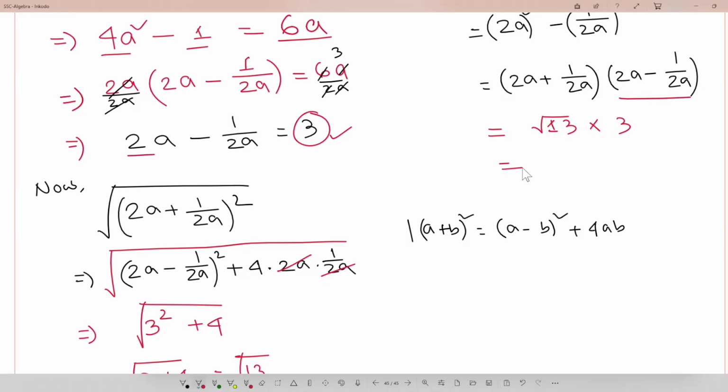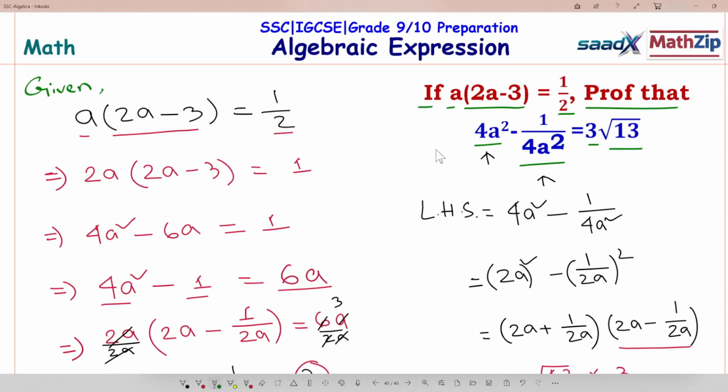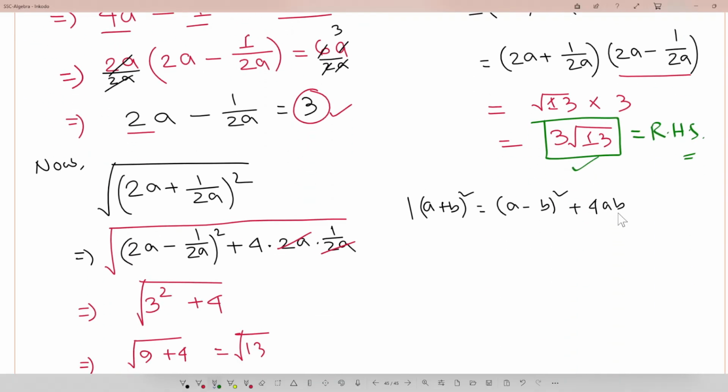So this one we can write 3 root 13, and this is our answer. And we can say this is right hand side, because our target is to find out the value of 4a square minus 1 by 4a square equals 3 root 13. So from here to here everything is perfect.